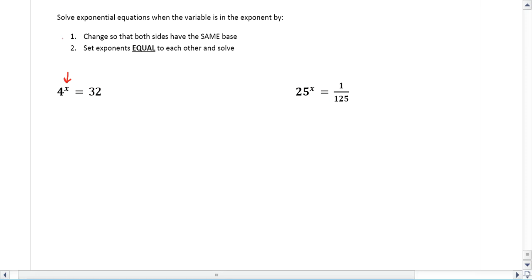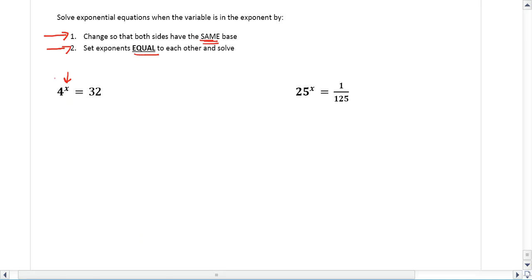For right now, we need to follow these steps and change both sides so that they have like bases. And if we can't do that, we can't solve it yet. So for right now in this chapter, we should be able to change them to like bases. And if the bases are equal, the exponents are equal. And so we'll be pulling out the exponents and setting them equal to each other.